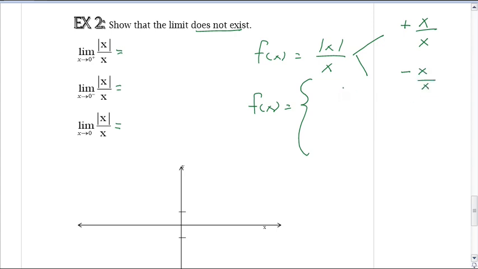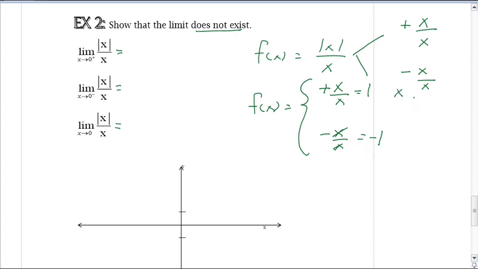So when I do that, I would get positive x over x, which is just going to generate positive 1. And then here I would say negative x over x, which is just going to generate negative 1, because of course you just cancel those out.